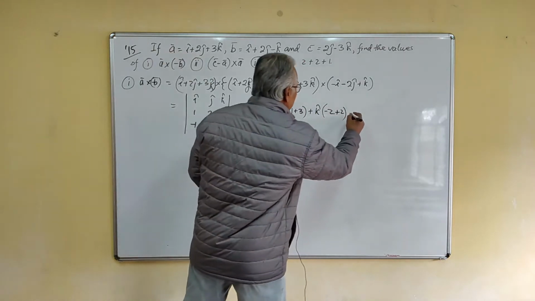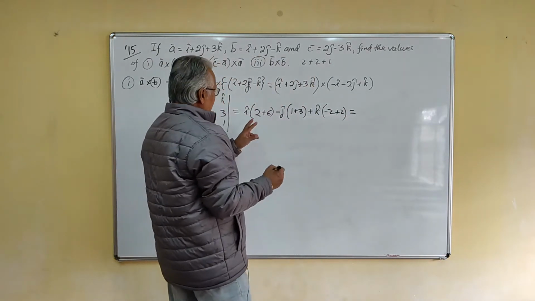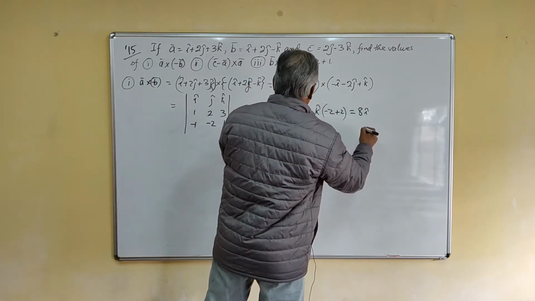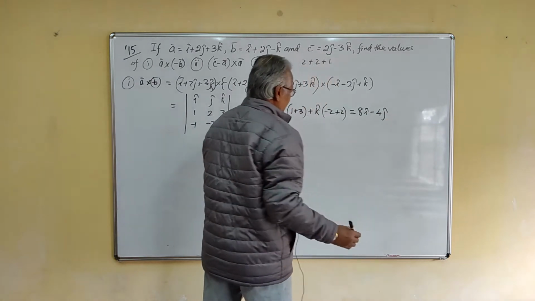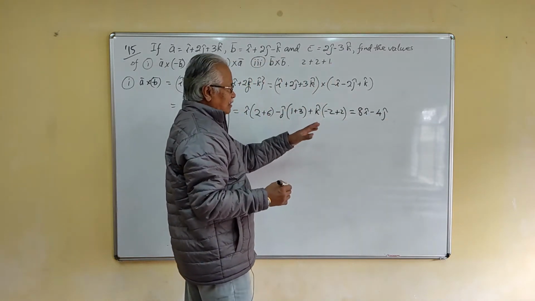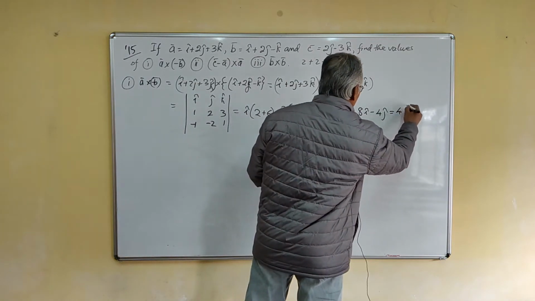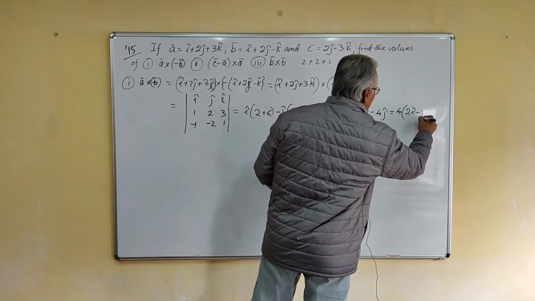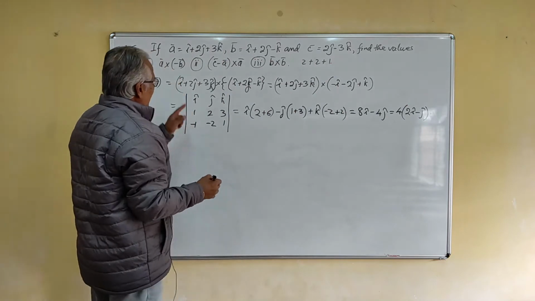So the cross product of these two vectors, A cross minus B, is going to be 8i minus 4j, right? k has vanished. So if you like, you can take 4 common there. Taken 4 common, it will be 4 times 2i cap minus j, right? So that's the answer of number 1.